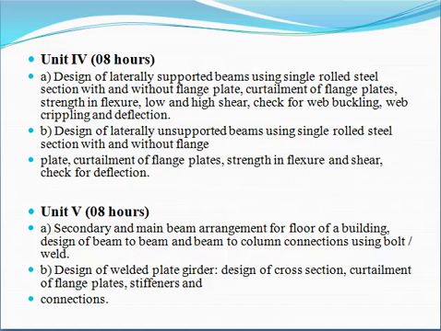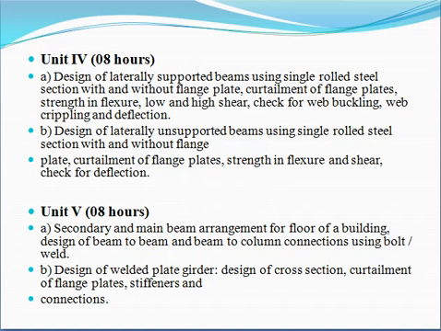Now next is unit number 4. Part A consists of design of the laterally supported beams using single rolled steel sections with and without flange plate, curtailment of flange plate, strength in flexure, low and high shear, check for web buckling, web crippling and deflection. Means in this part A we have to study the design of laterally supported sections or beams.